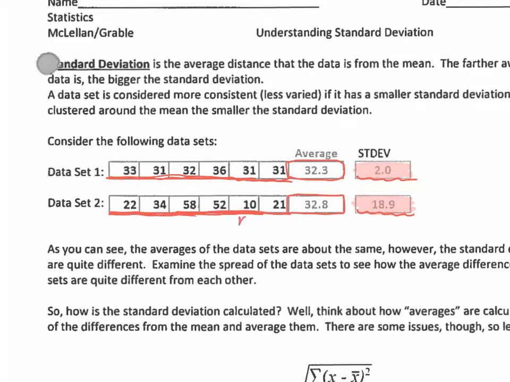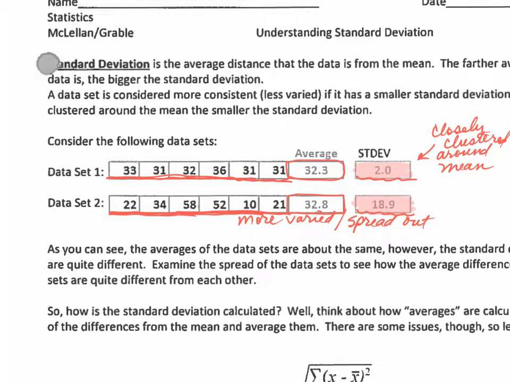So data set 2 is much more varied, more spread out, and that is why the standard deviation is so big. Data set 1 is closely clustered around the mean. So the more closely clustered you are around the mean, the smaller the standard deviation you have, because that's the average distance from that mean.